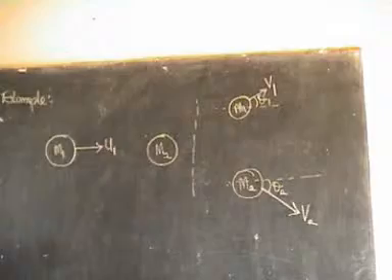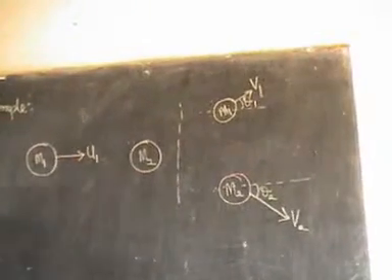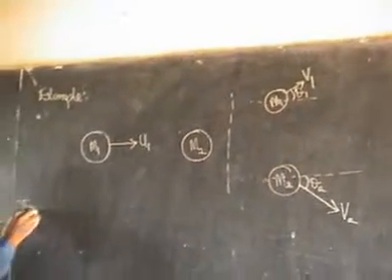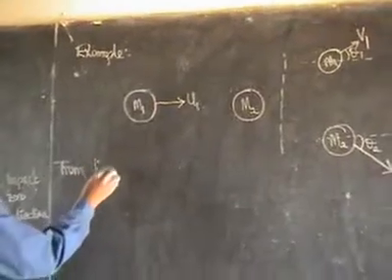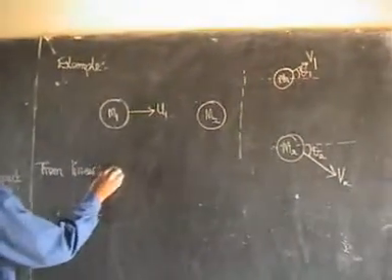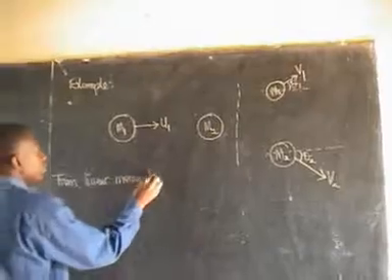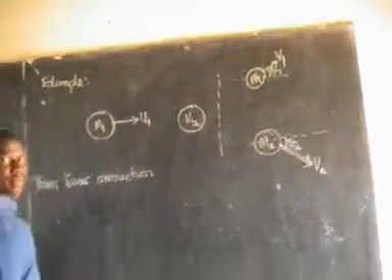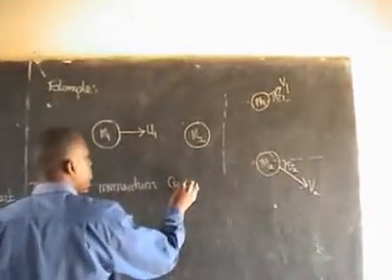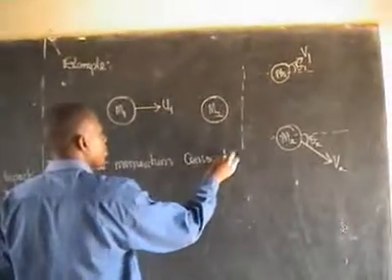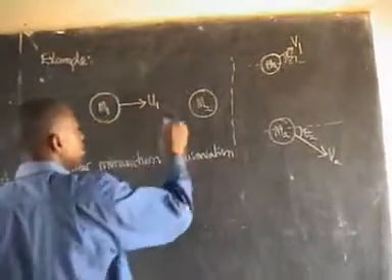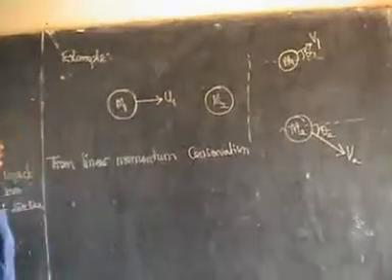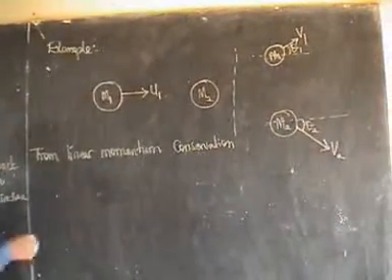So from linear momentum conservation, we are now going to break this into two components. We shall have momentum conservation along the horizontal.